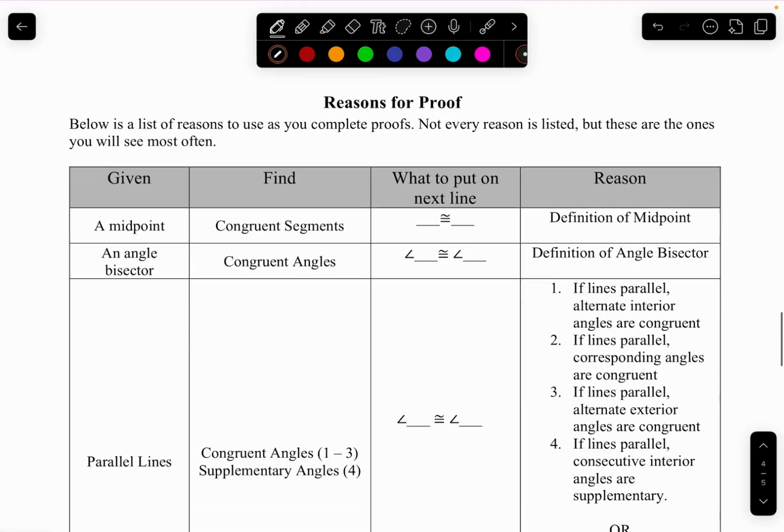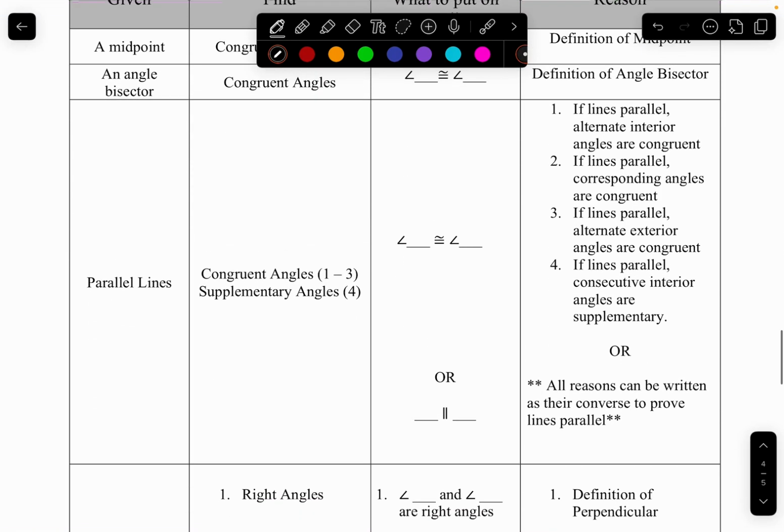More information coming here. If you're given parallel lines, you are going to be mainly focusing on congruent angles. I don't know if I've actually seen a proof that requires supplementary angles, but it can be there. However, you're going to focus primarily on numbers 1 through 3, which is this up here, okay?